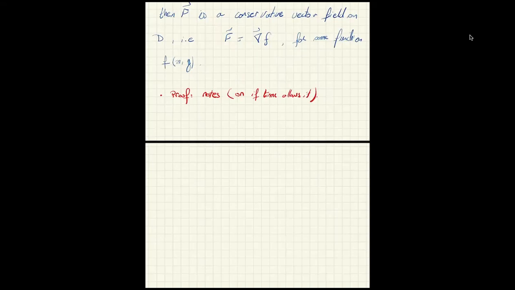But let me move to simply connected regions. So first of all, let us observe the following thing. Back to our question: is this path independent?